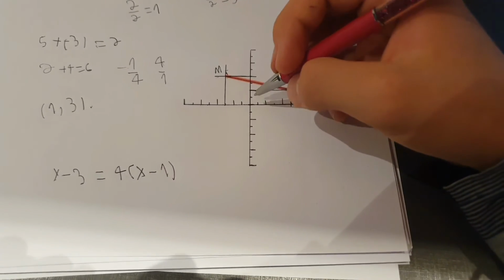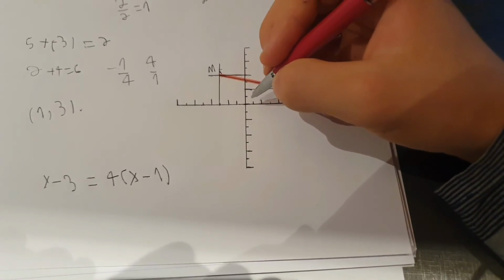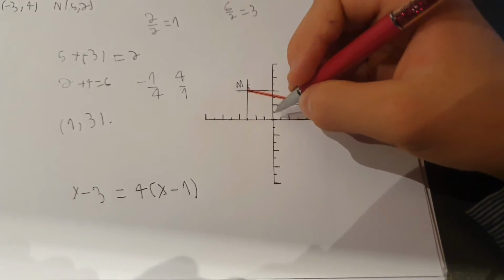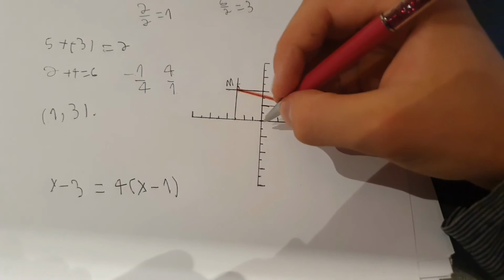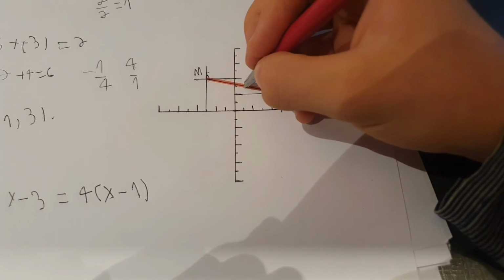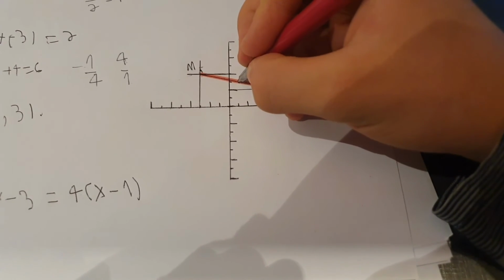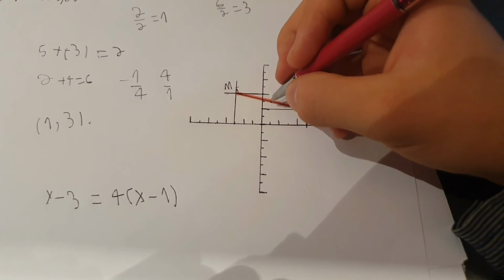Let's plot it in the graph. So 1, right? This is where, oh, sorry, my paper. This is where it meets. So 1 and 3, so 1, 2, 3. This is going to be exactly where it meets. And then we just use the slope to figure out the other points.